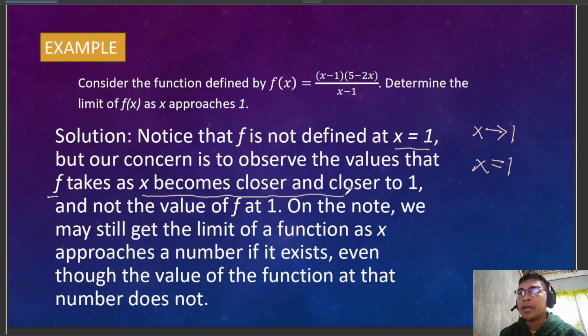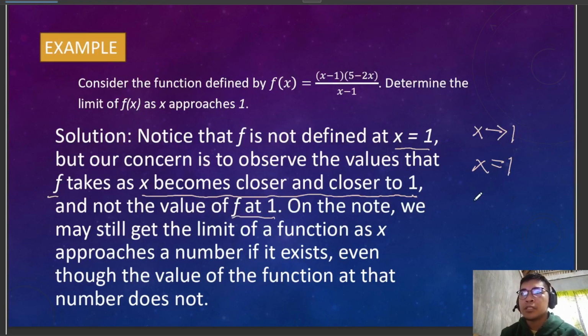So, what is the value of f when our x gets closer to the value given by the limit, which is 1? Our target is the values of f as we get closer and closer to 1, not the value of f at 1.